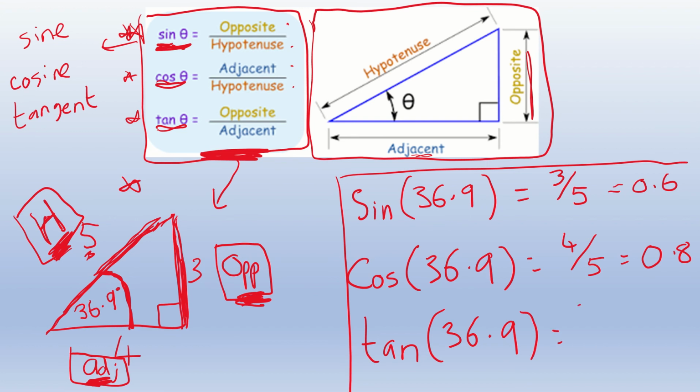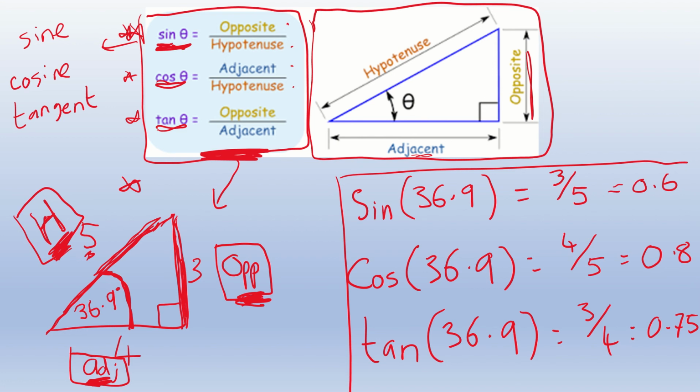My opposite side was 3 and my adjacent side is 4. And that's going to be 0.75. So basically what they're saying is that 3 and 4, it's telling you the relationship between those. So 3 is 75% or 0.75 of the number 4.